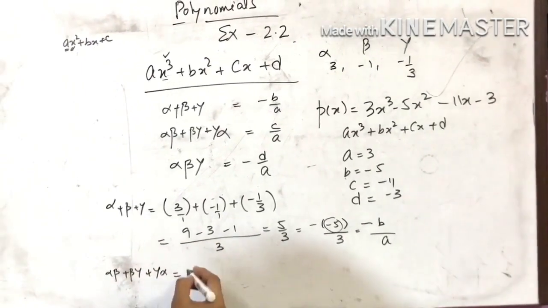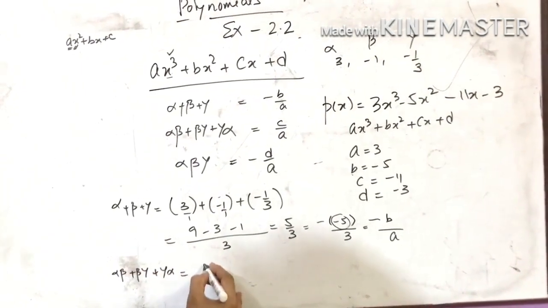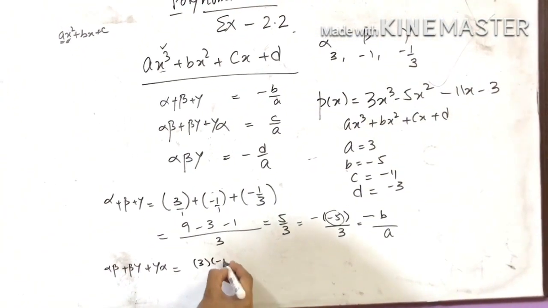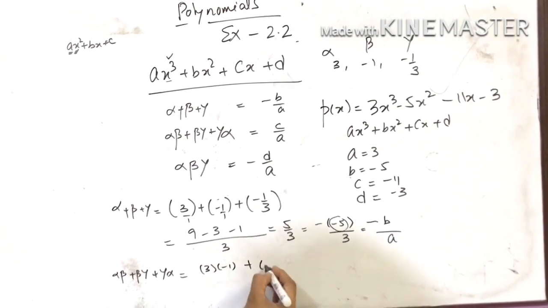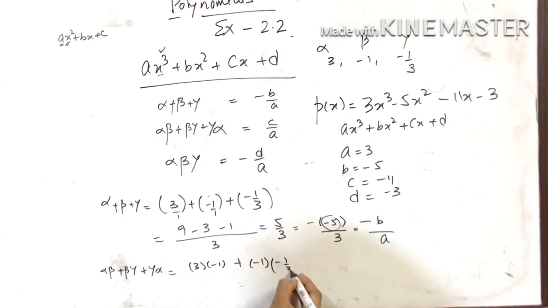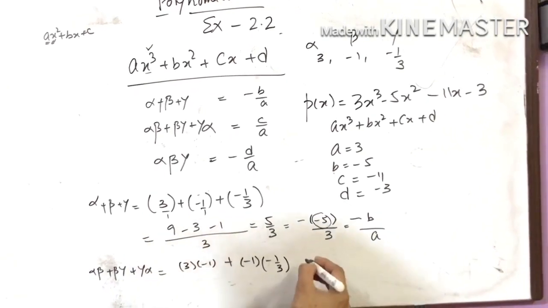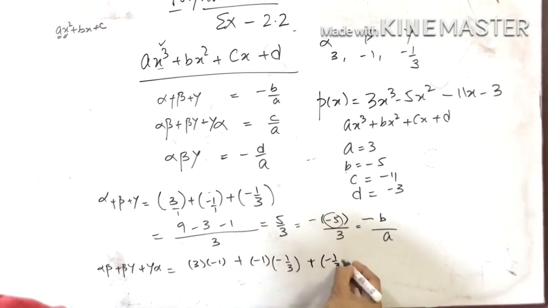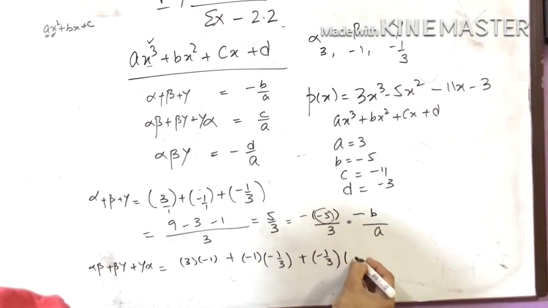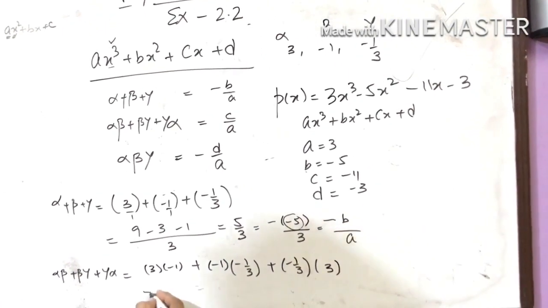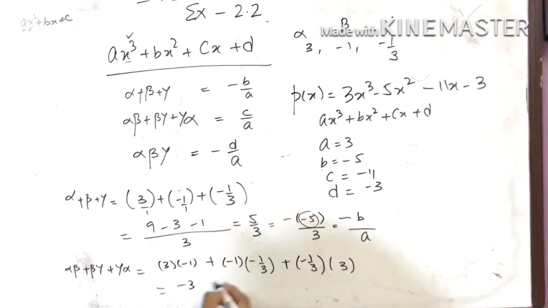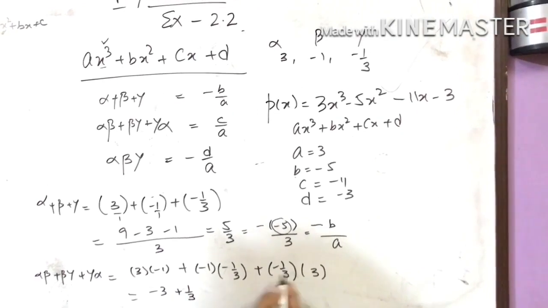Second part is sum of product of roots. So you have to put all the values. 3 into minus 1 plus minus 1 into minus 1 by 3 plus minus 1 by 3 into alpha, that is 3. Now you can see what you will get, minus 3 plus 1 by 3.